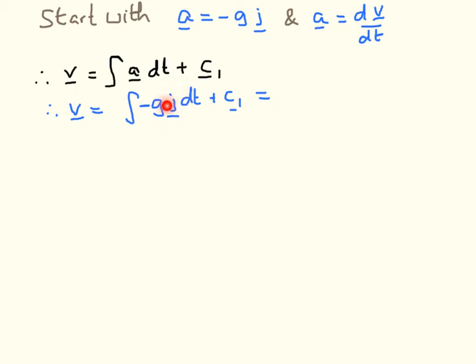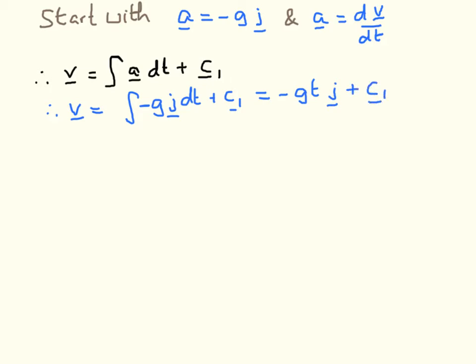the integration is very simple because little j here is just a fixed unit vector. It does not depend on time. g is a constant, here's a minus sign, so we just obtain from the integral minus g t in the j direction plus an integration constant.